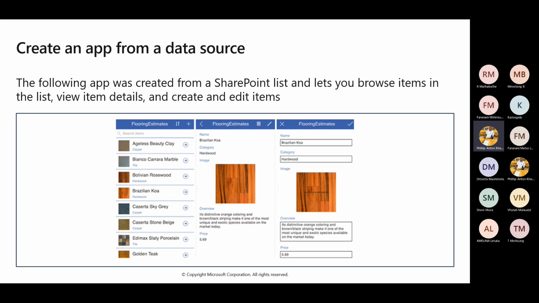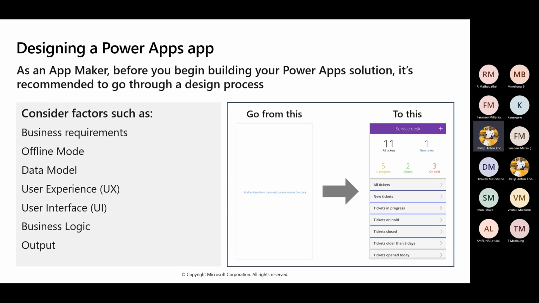We didn't need to do any heavy lifting because we built it from a data source, which came with all the functionalities. To refresh you, I'm going to do it again, but let's get moving. Once we start building, we will build all the apps so that you can see the difference.